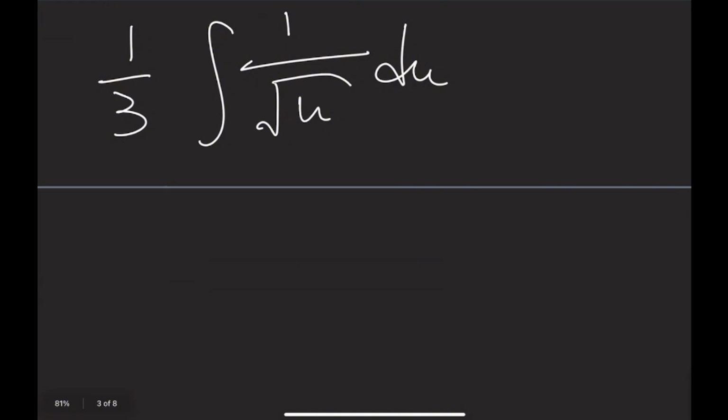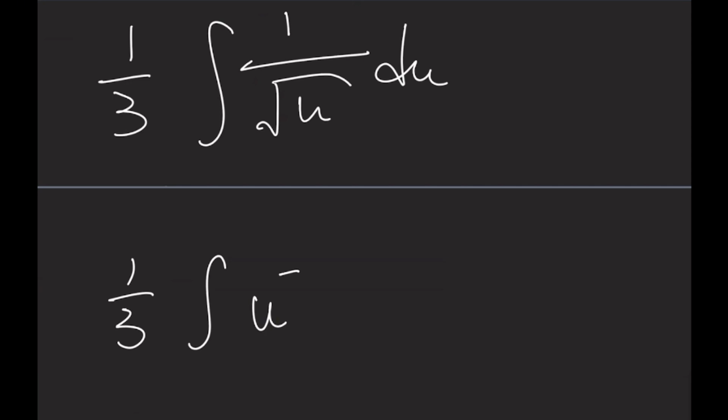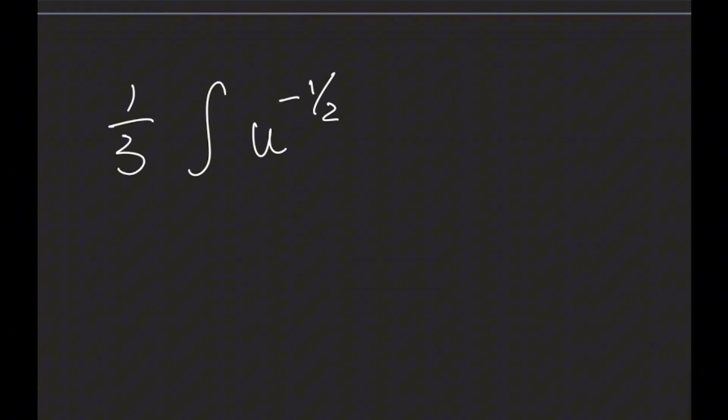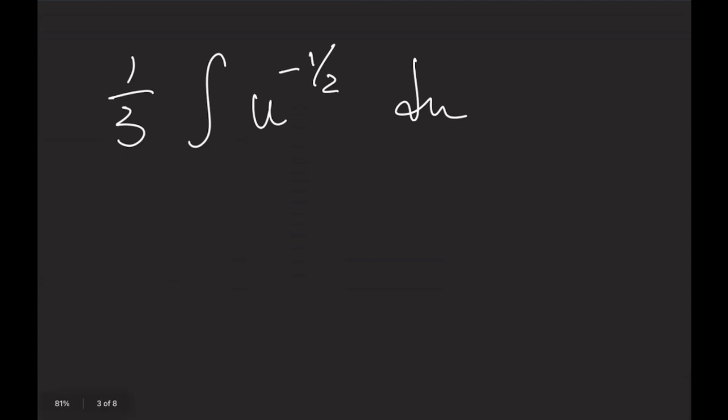Now we evaluate this antiderivative. If you want to do it like this is probably the better way to do it. But you have it to the 1/2, right? And then du.